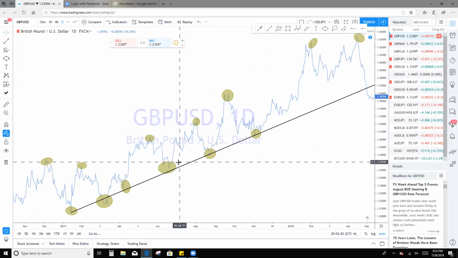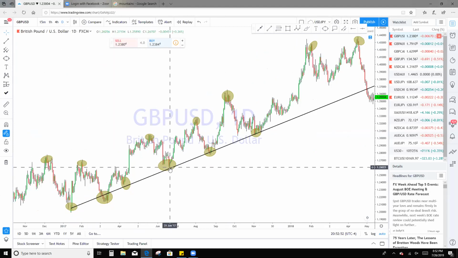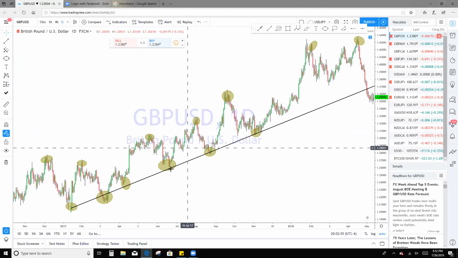One way you can tell it's very accurate is if you switch back to the candles and look in this area, you see there's a wick. That wicks your trend line. If you see that, that is a big indication, a confirmation that your trend line is accurate.